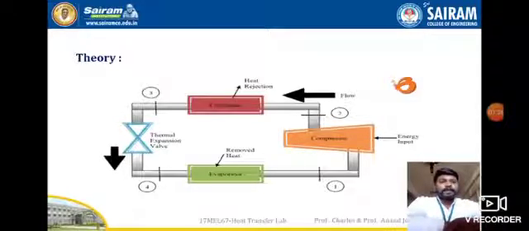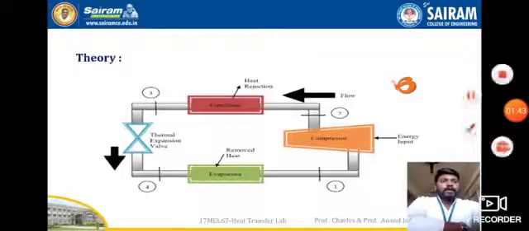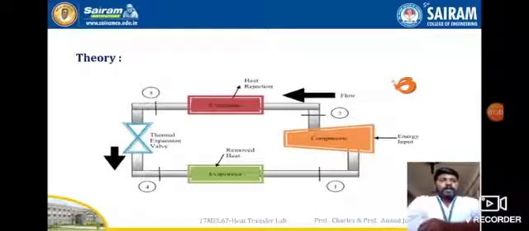If you see one by one, it moves from 1 to 2, which is the compressor. Energy input is given, and the compressor takes the energy input and compresses the refrigerant, which then moves on to the condenser. In the compressor, the refrigerant is compressed, and temperature and pressure are increased.